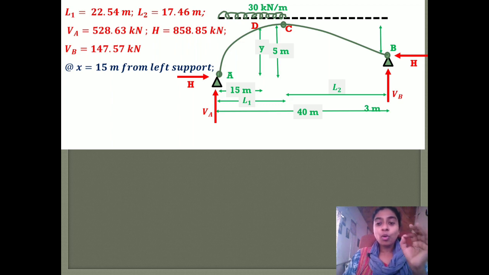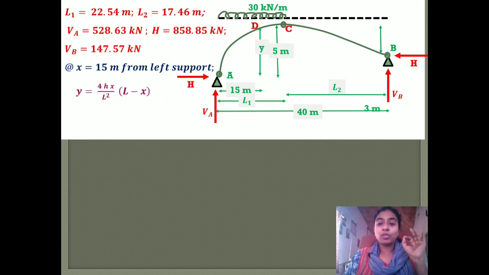That is, we know the relationship between x and y of a parabolic arch. So the relation is y is equal to 4hx by L square into L minus x. And this is the relationship between x and y of a parabolic arch when supported at the same level. Here it is supported at different levels.